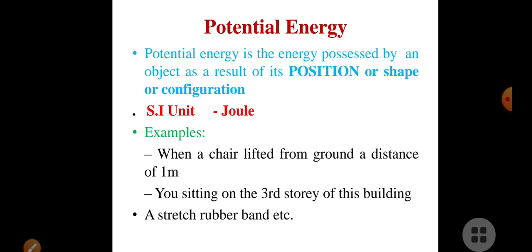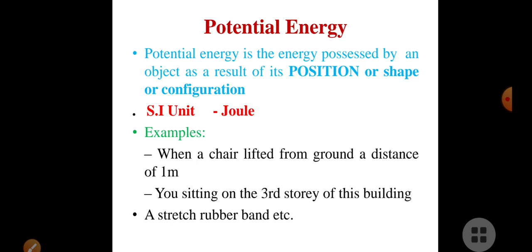There are so many examples in which the height of an object is increased or the shape of the object is changed, due to which it gets energy. Like when we lift a chair from the ground to some height, we are doing work in lifting this chair, and that work is stored in the form of potential energy.